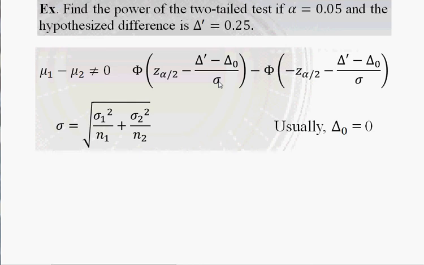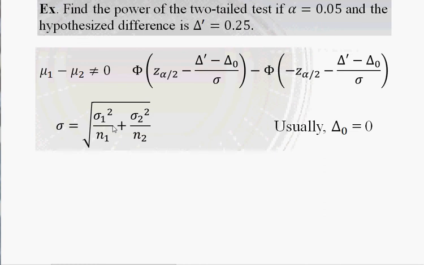The only difference really is that we have a difference of means here, the delta prime is the difference between the two means, and also the way that we compute the standard error in the bottom is a little bit different than what we had before. But otherwise, this has very much the same form as the one sample way of computing beta.